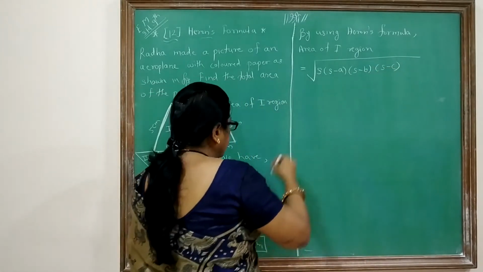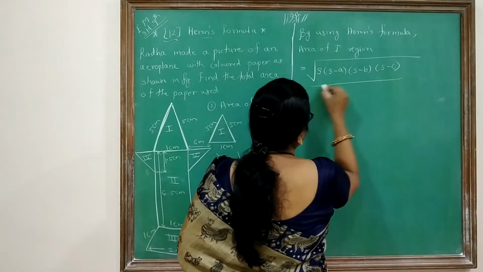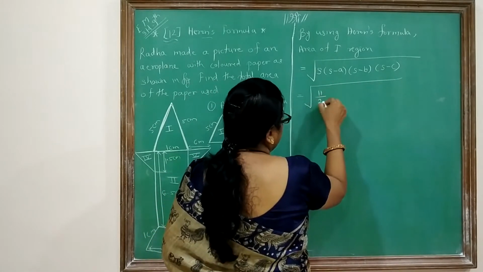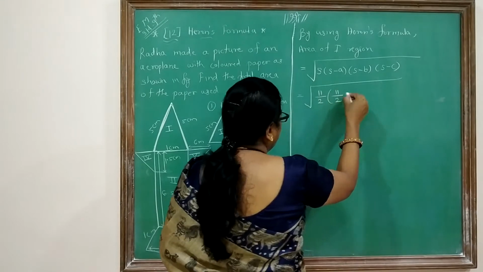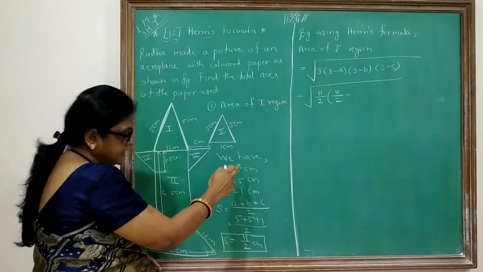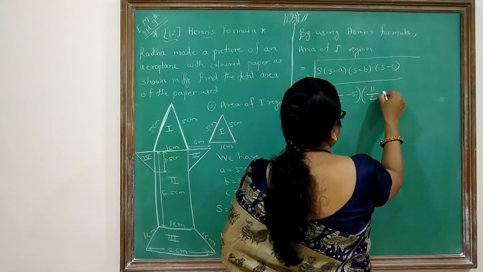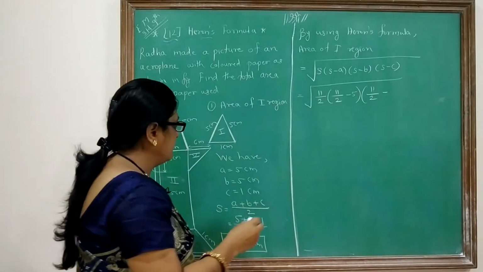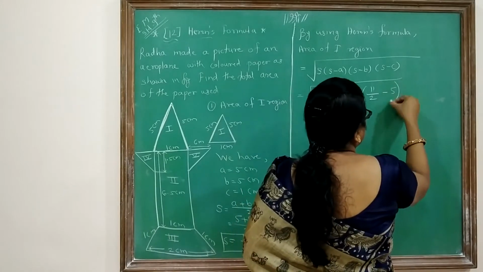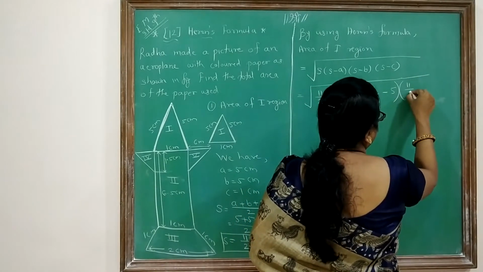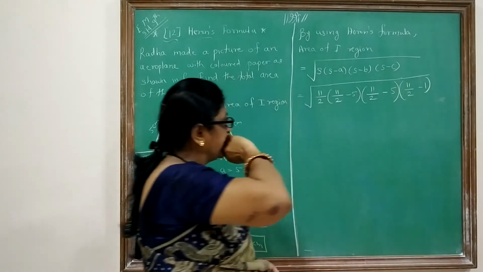Then what is your s? s is 11 by 2. Then 11 by 2 minus a, what is your a side? a is 5 centimeter. Then the second bracket is 11 by 2 minus b, b value is 5. And c value is 1, then 11 by 2 minus 1.